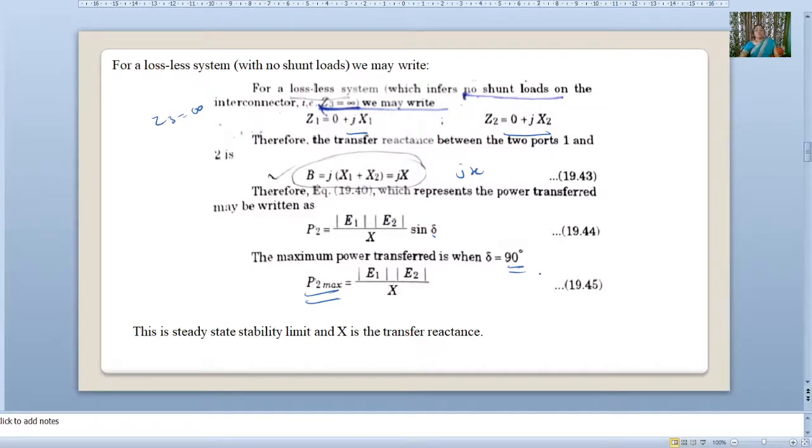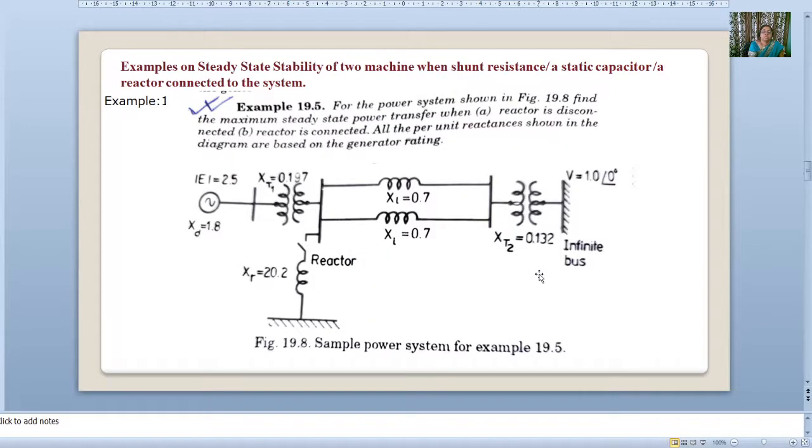Now we'll solve a problem based on this. This is example 1. For the power system shown in figure 19.8, find the maximum steady state power transfer when the reactor is disconnected, and in the second case when it is connected.